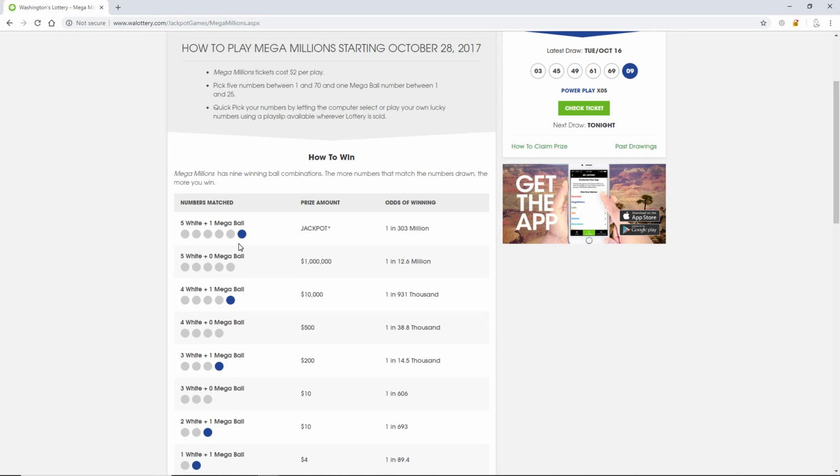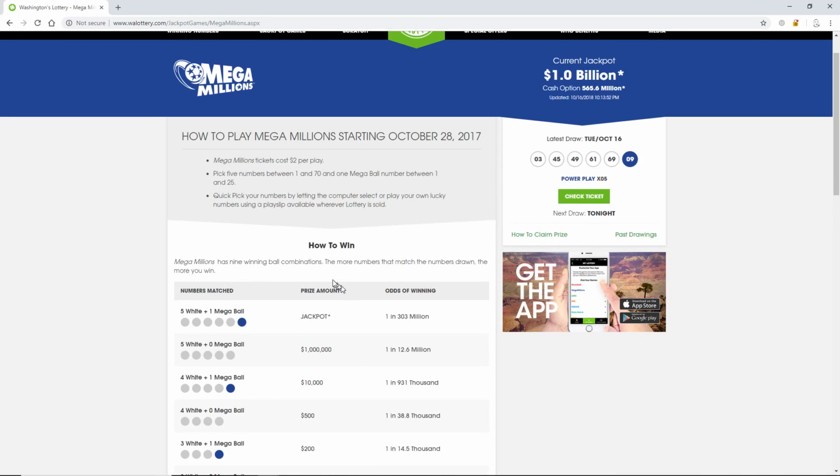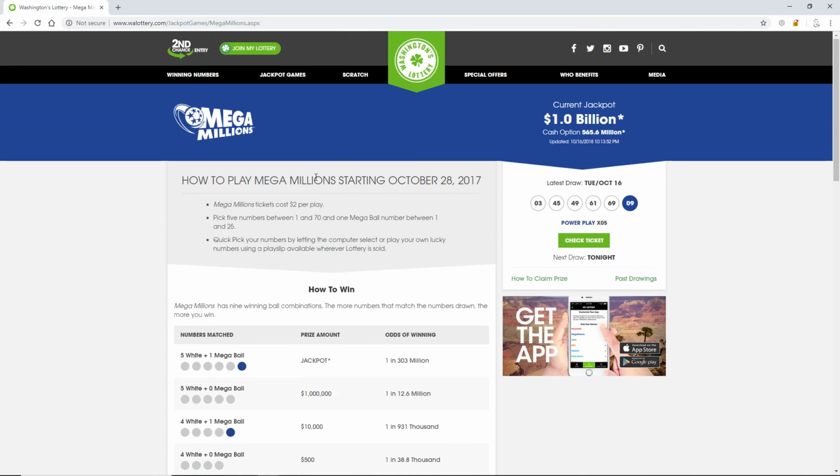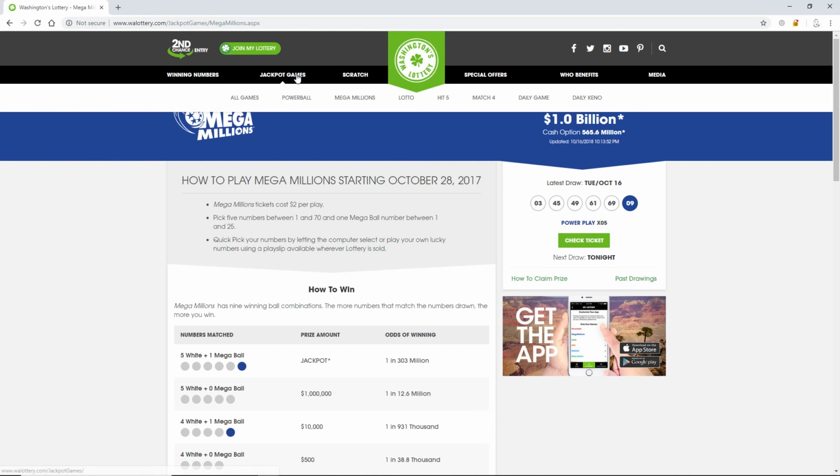So it seems like the only thing to really play for is getting all five, or getting five with the mega. Well, four with the mega is actually pretty significant, but in terms of the odds of that happening, it's so unlikely. Yeah, really interesting.